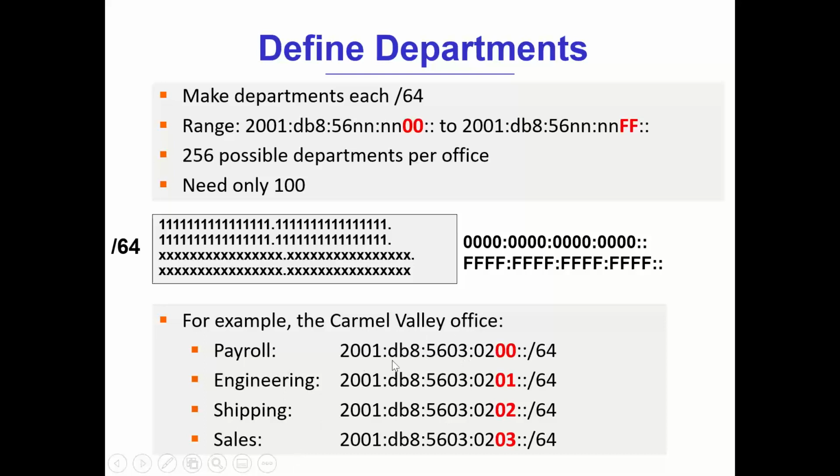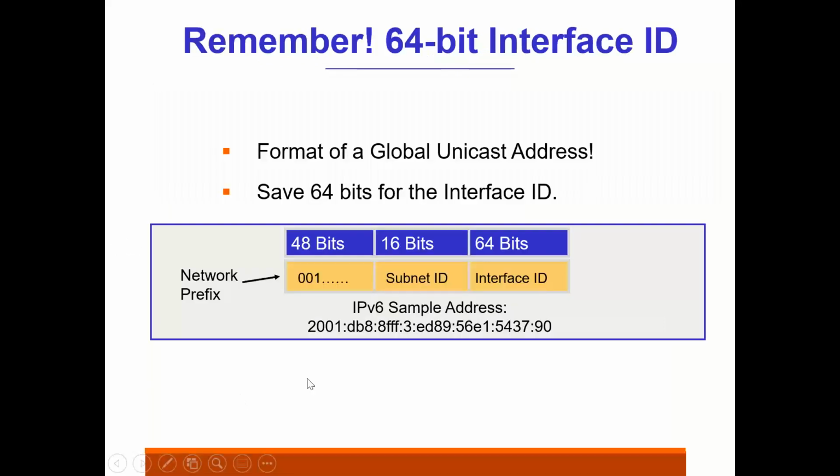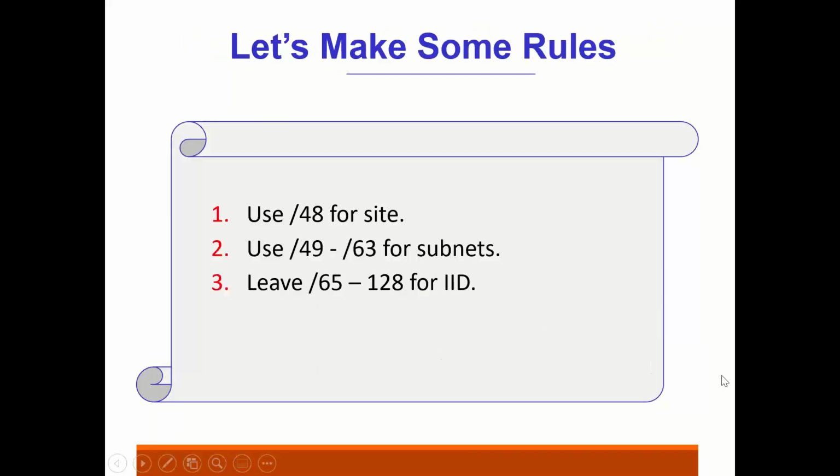Say for Carmel Valley, I've gotten up to 0200, which is my payroll. Engineering is 01, and so forth. Again, operating at a /64, because remember, we want to leave that last part, the interface ID, open so that we can use stateless auto configuration if we need to.